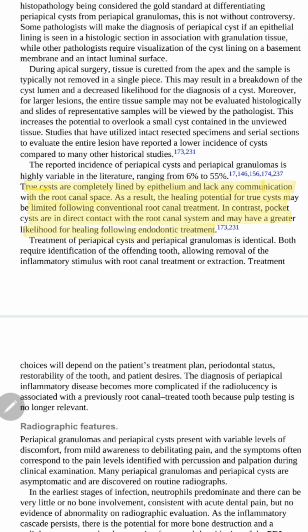So, after doing your root canal treatment, a 3-month follow-up is recommended to see if the cyst is shrinking in size or is at the same size, to differentiate between the types of cyst that is present, and to take the proper decision of treatment.